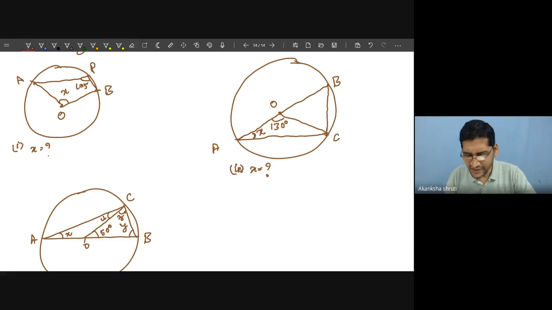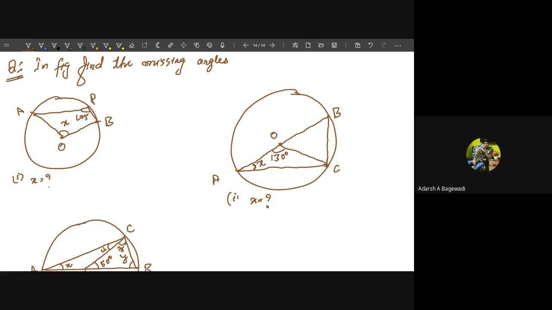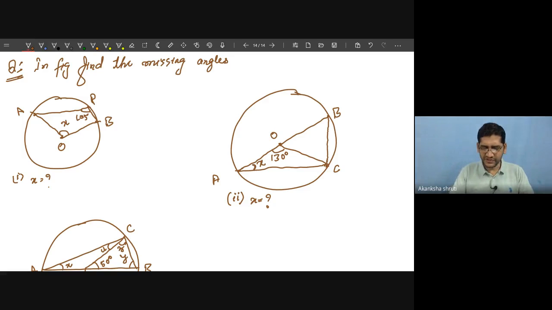Second and third are nearly the same kind of question, but I have separated them to make you understand that if you are able to do the second question first, then the third is equally easy. Yes, students, please tell me quickly. 75 degrees for the first one. Very good. First one is 75 degrees. What else?